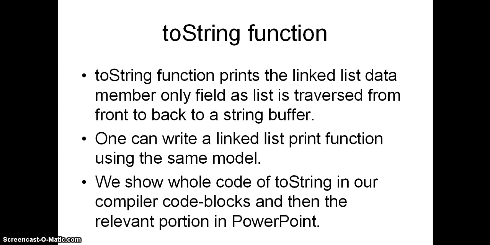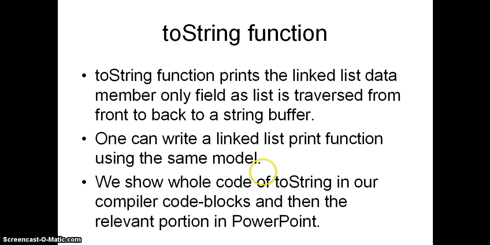Okay, so toString function prints the linked list data members only, as the list is traversed from front to back, to a string buffer, and one can write a linked list print function using the same model, or count the number of nodes in the linked list using the same model.